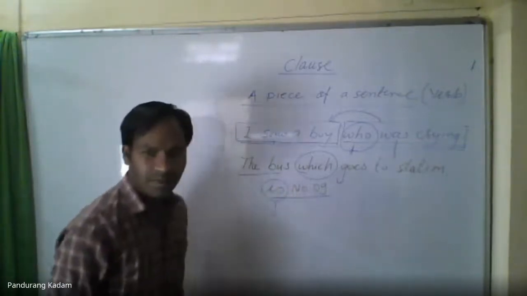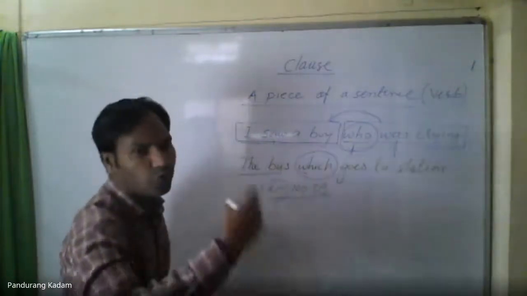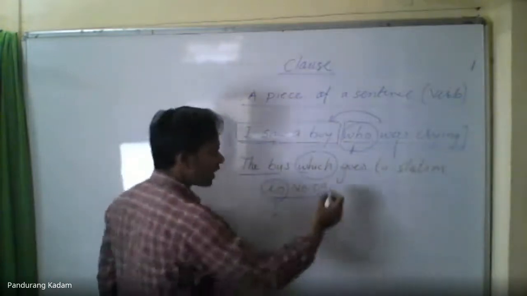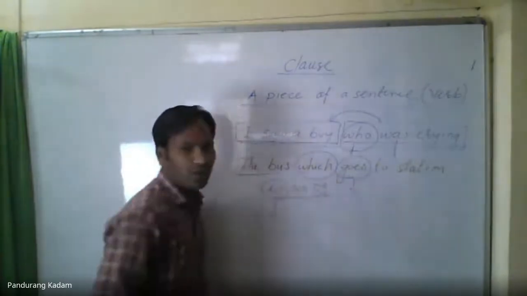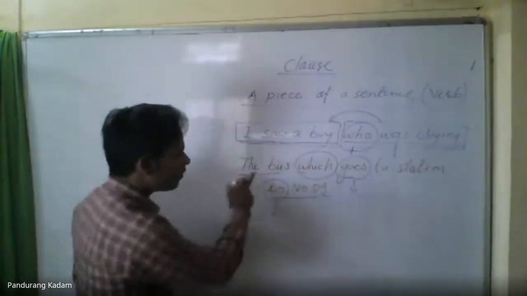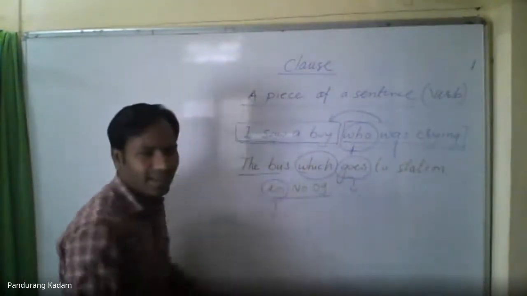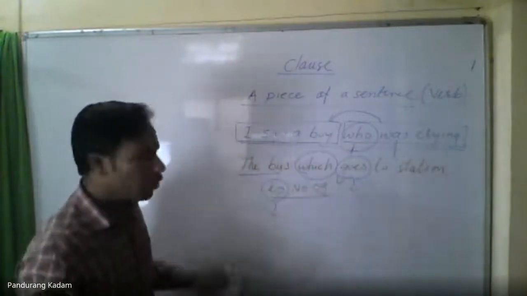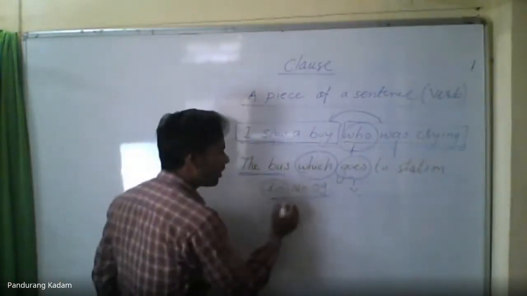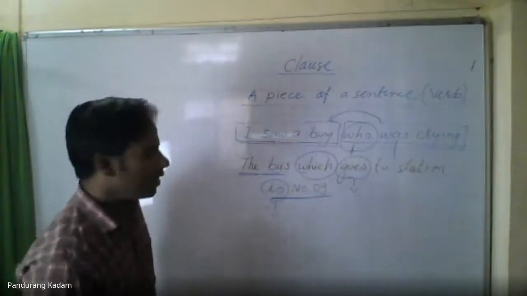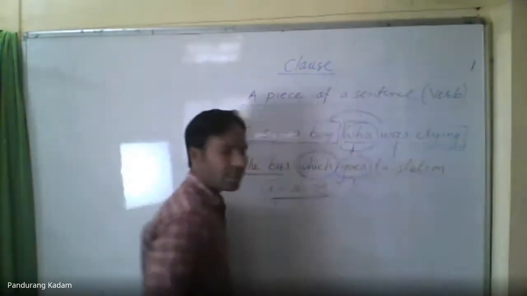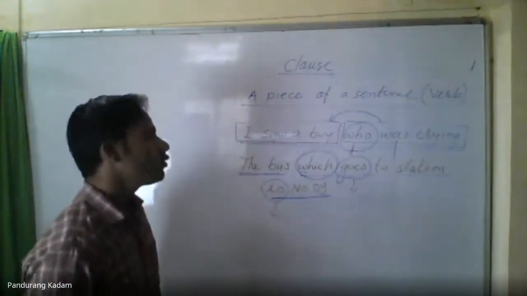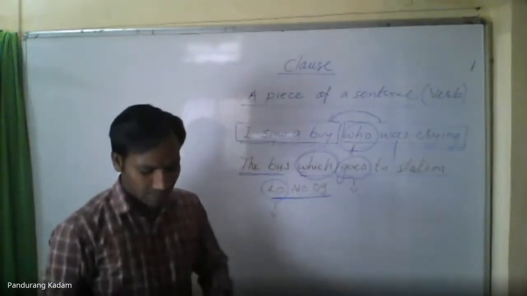Which goes to station, जो कि स्टेशन को जाती है, has the next verb, so there are two verbs. अभी हमें दिख रहा है कि दोनों टुकड़े अलग अलग हैं, but the main clause is The bus is number 9, and from which up to the comma is the subordinate clause. Which goes to station is the subordinate clause.